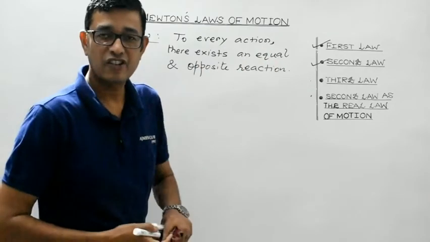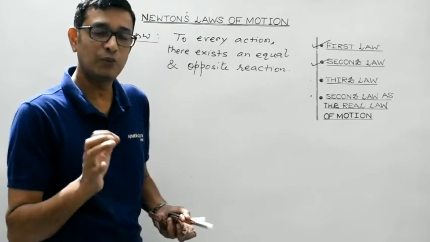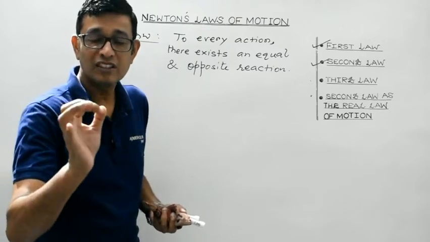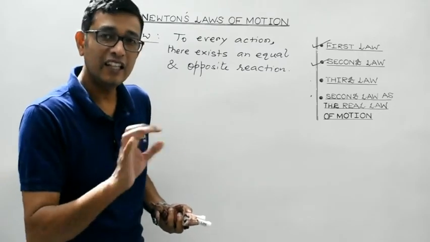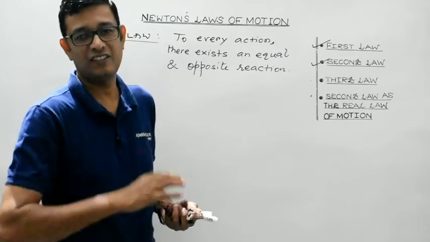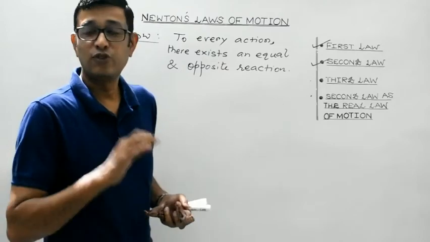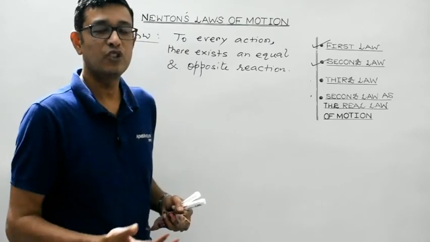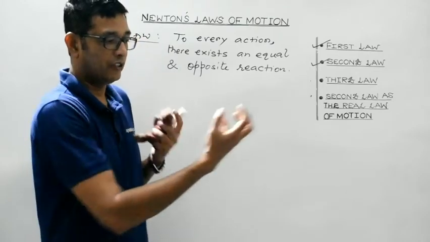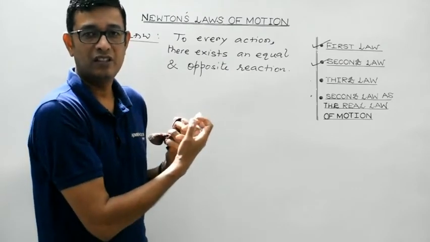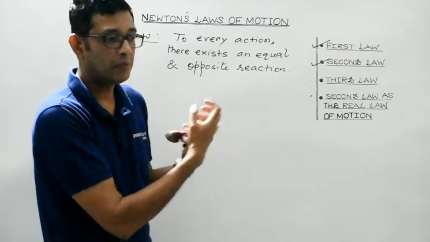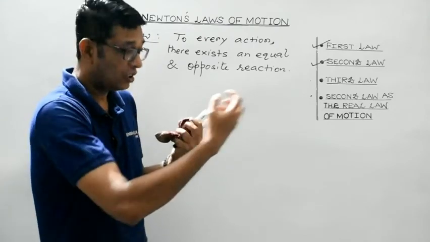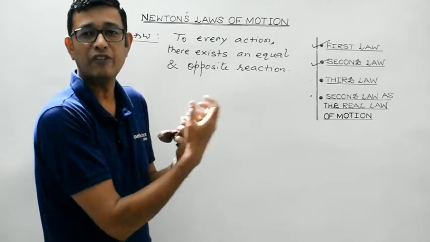To each and every action, there always exists an equal and opposite reaction. In simple words, forces exist in equal and opposite pairs. I repeat, forces exist in equal and opposite pairs, which means that if two bodies are interacting with each other, they may be interacting electrically, magnetically, or due to some gravitational force.